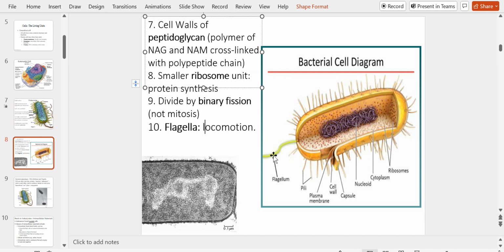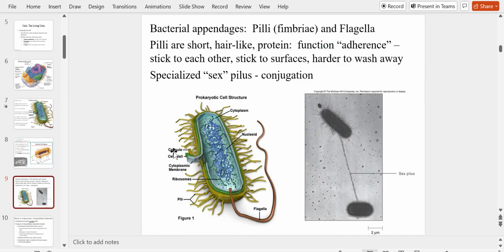They'll also have a flagellum for locomotion. A bacterial appendage called the sex pili, and you'll see here in this electron micrograph, this bacteria is sending information to this bacteria, sending those plasmid DNA molecules from one to the other, and that's how quickly antibiotic resistance can spread through a colony.